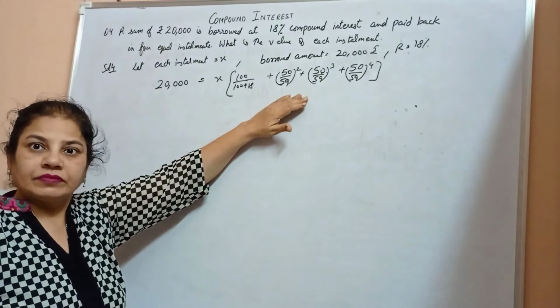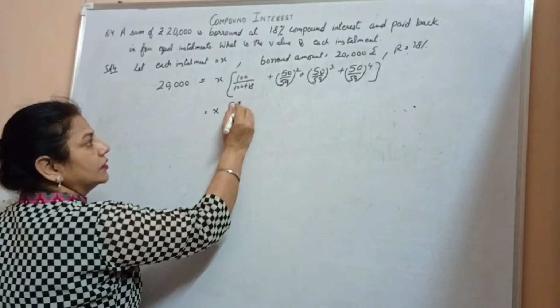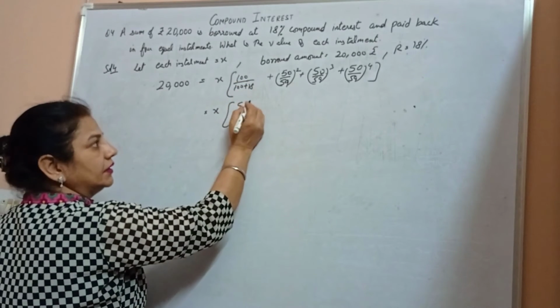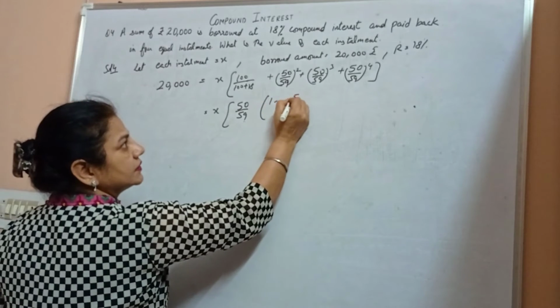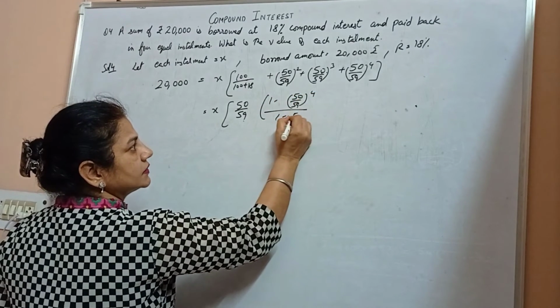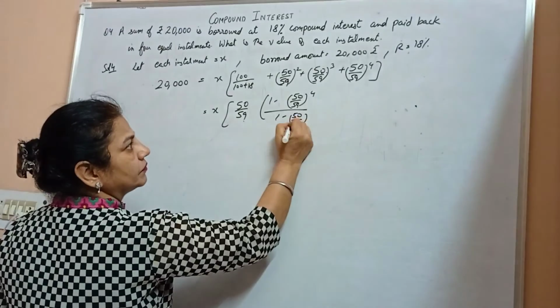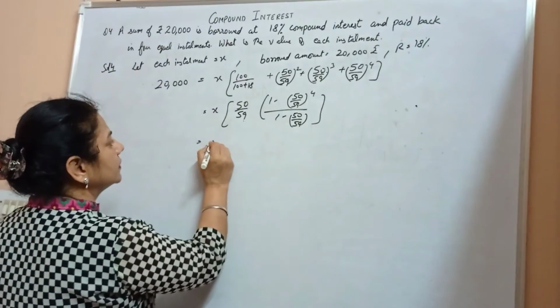This is in GP. So the sum of the GP is x, first term 100 upon 118 means 50 upon 59, times 1 minus 50 upon 59 whole to the power 4 upon 1 minus 50 upon 59. On solving, what do we get?